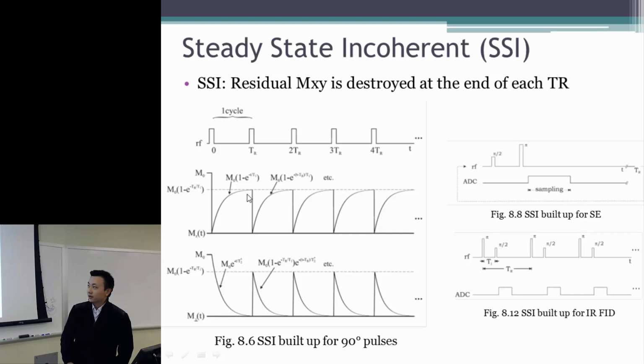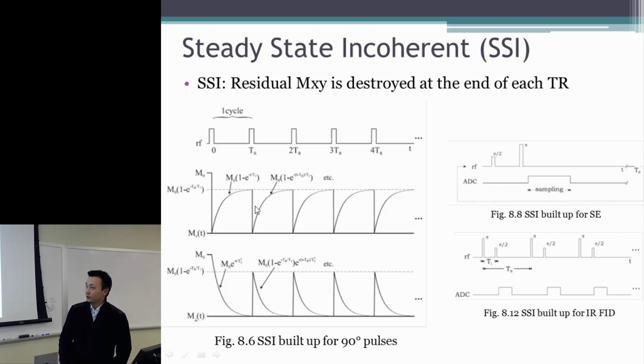But because the TR is smaller than T1, there will not be a fully recovered longitudinal magnetization. So when we apply the second RF pulse, it only has this much to excite.